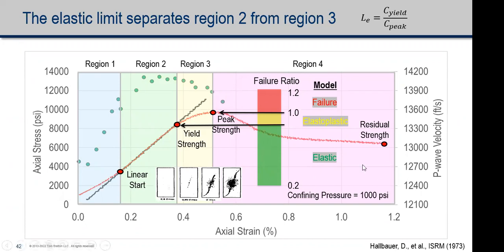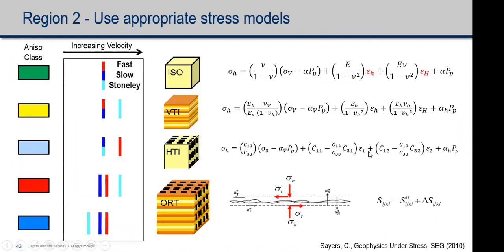But if you're in this low in situ stress regime compared to the rock strength, then my recommendation to people is to use the elastic model. I think it's appropriate. Where I think the industry falls down is they tend to use these elastic models everywhere, whether you're critically stressed or not.